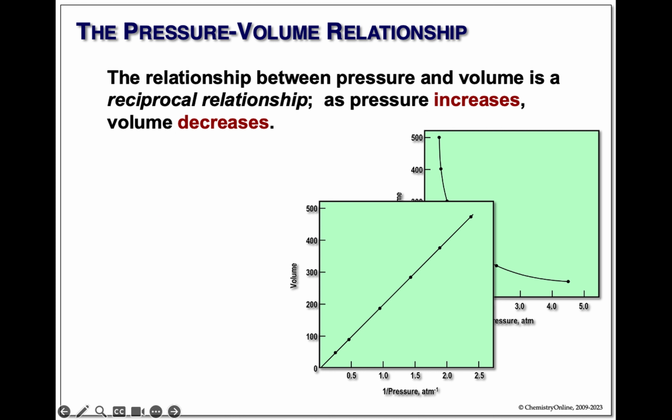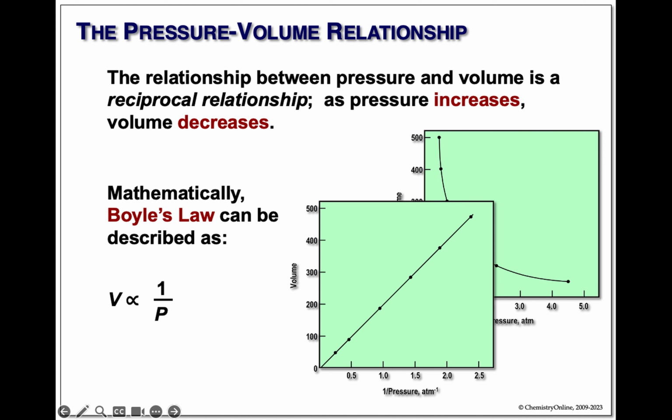Now, mathematically, what this means is that volume is directly proportional to 1 over pressure. Volume, this is the proportionality sign, directly proportional to 1 over pressure.